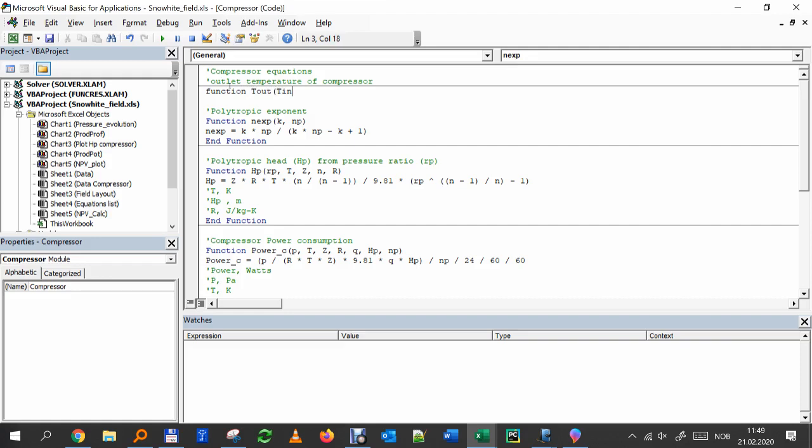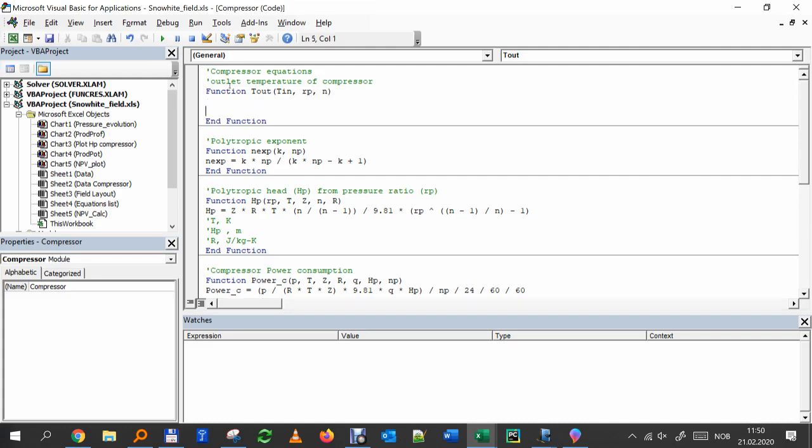That is a function of T in, P, RP, pressure ratio, and N. And this T out will be T in times RP to the power of N minus 1 divided by N.